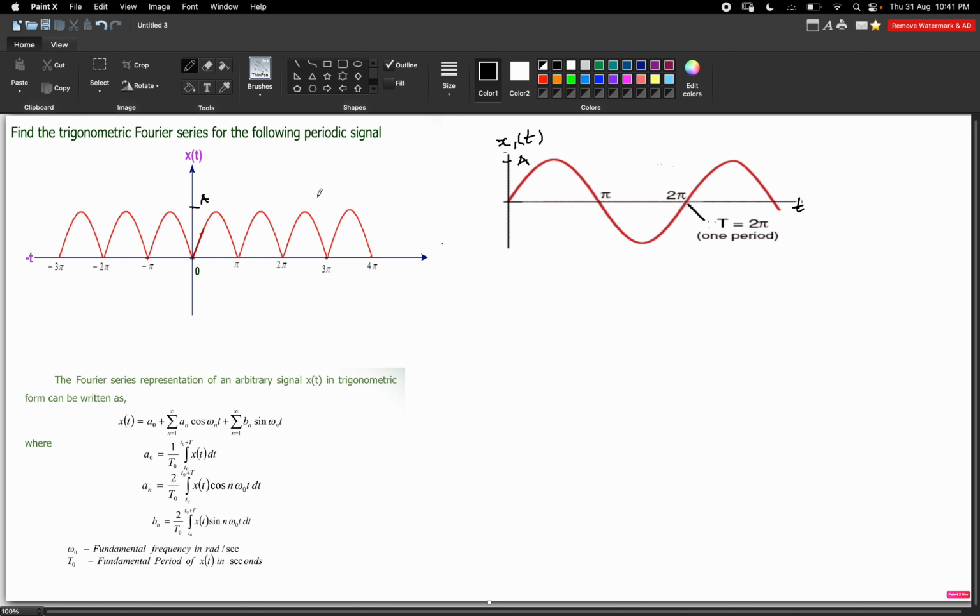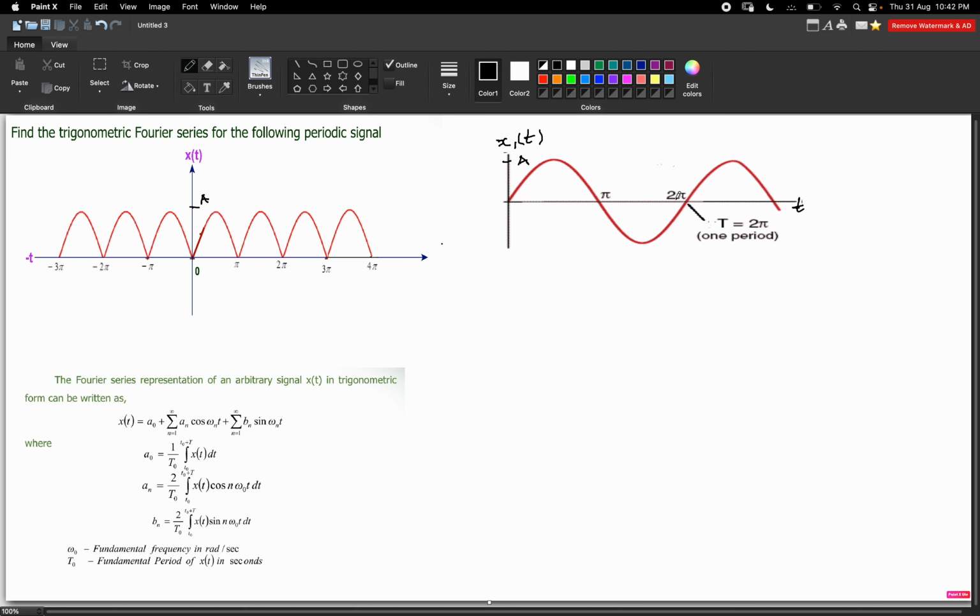So if you observe this signal, it resembles the sinusoidal waveform. Once, the first portion of the sinusoidal waveform is present between the time period 0 and pi. So to obtain x of t for this signal, we have to find the expression x1 of t, which is nothing but the regular sinusoidal waveform with the fundamental time period 2 pi.